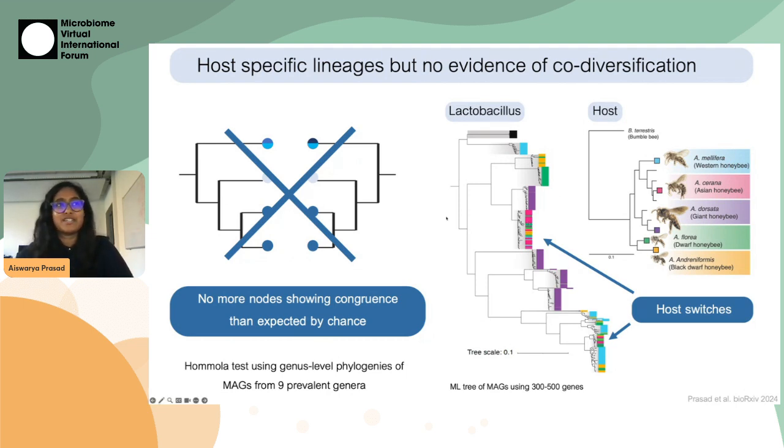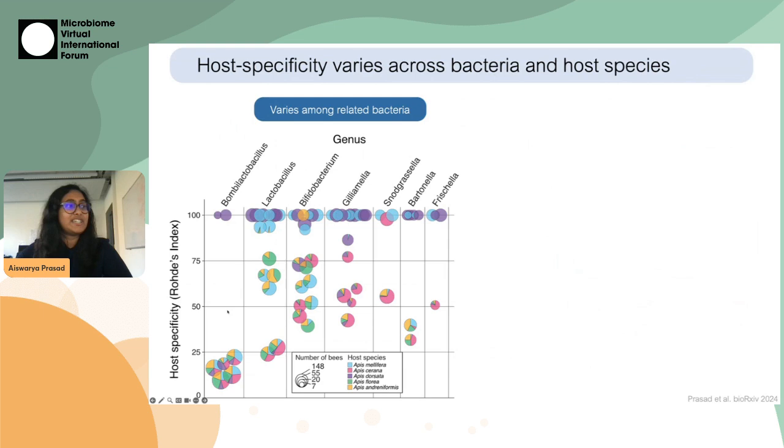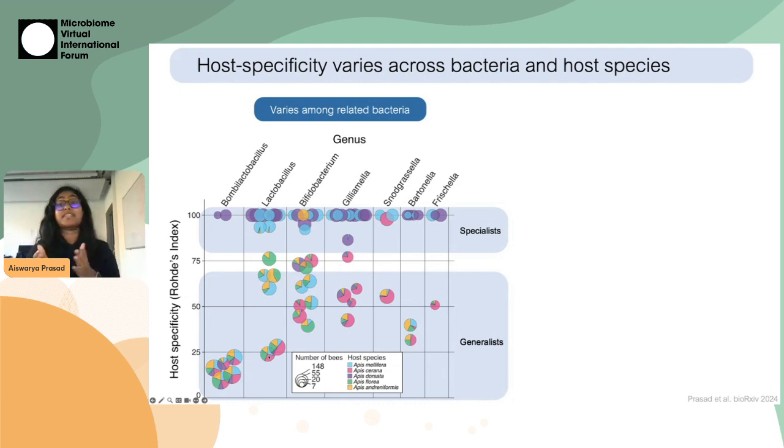How does the specificity of each of these species look then? Over here, you see each circle representing a different species, grouped by the genus that they belong to, and the prevalence in each host shown by the pie. And immediately you see there are several specialists and several generalists. What's interesting is that even within the same genus, where traits like affecting dispersal, like aerotolerance and sporulation, would be shared, there's a difference in the specificity of these species.